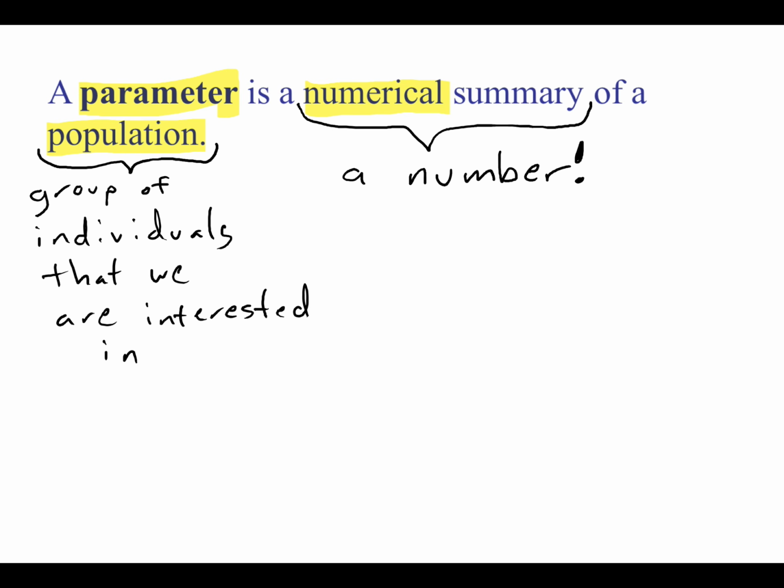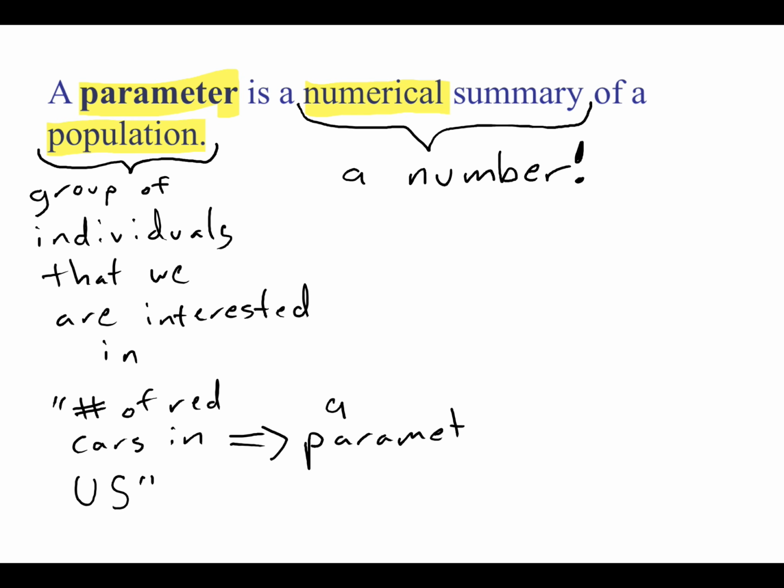For example, we looked at the idea of the number of red cars in the United States. And I know this is pretty simple, but I just want to again talk about this idea because this is a parameter. Maybe there's 100,000 or maybe there's 200,000 cars that are red. I don't really know.